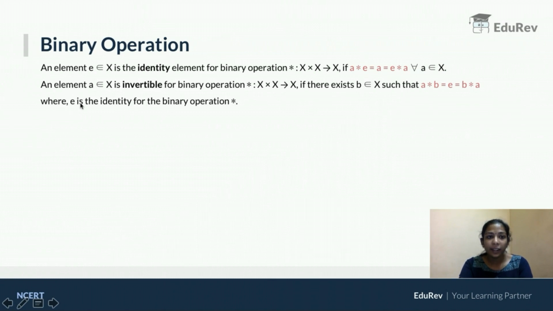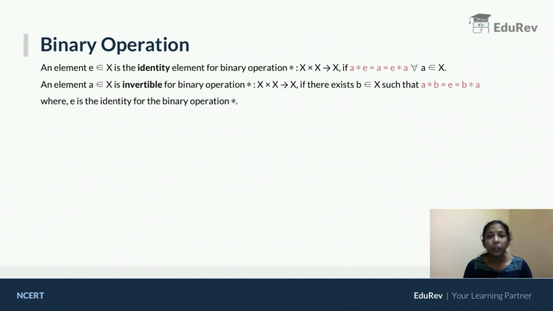And there is another condition, an element A belongs to X is invertible for binary operation star from Cartesian product X to X if there exists B belongs to X such that A star B is equal to E is equal to B star A, where E is the identity for the binary operation star.